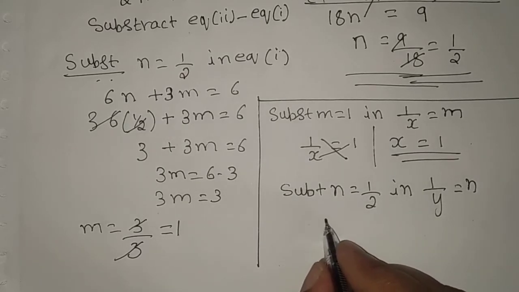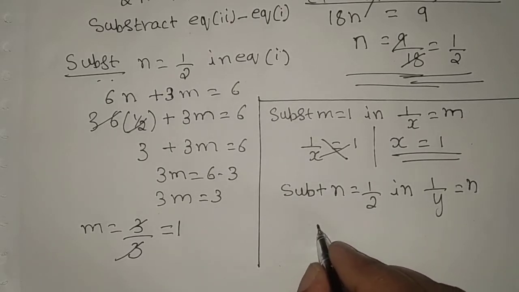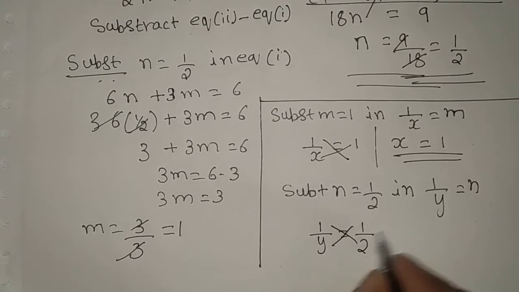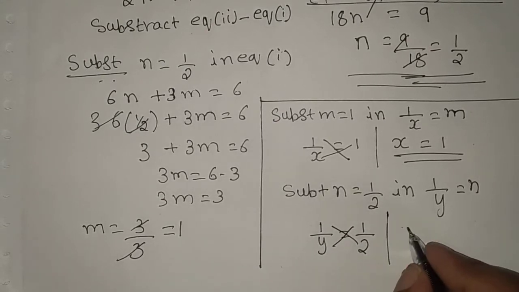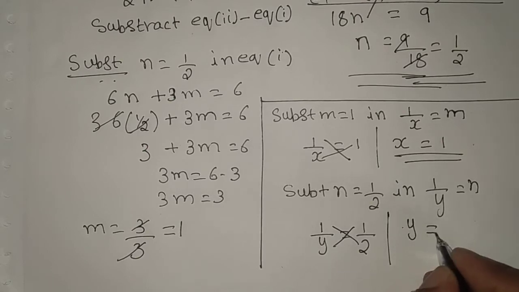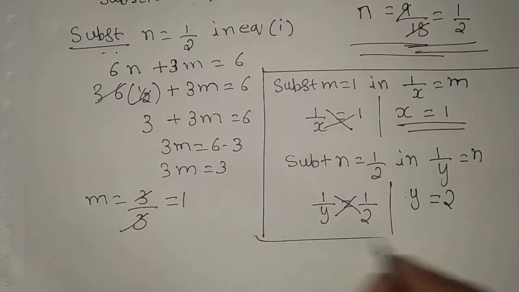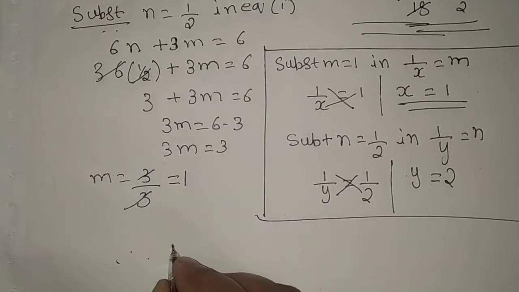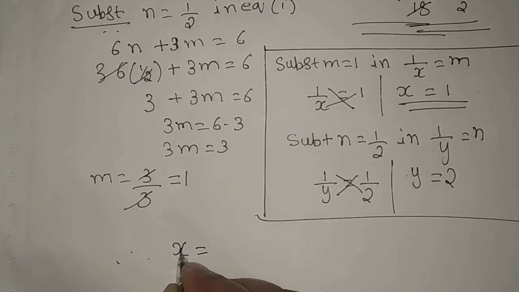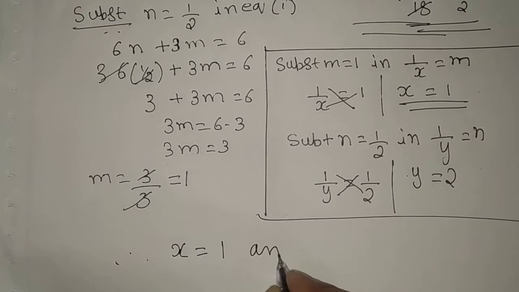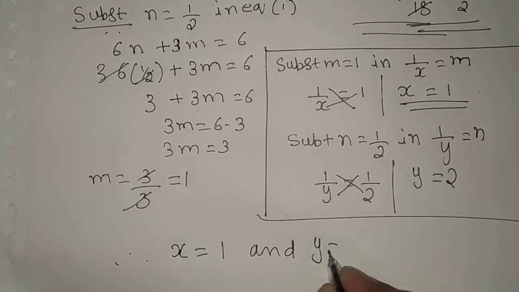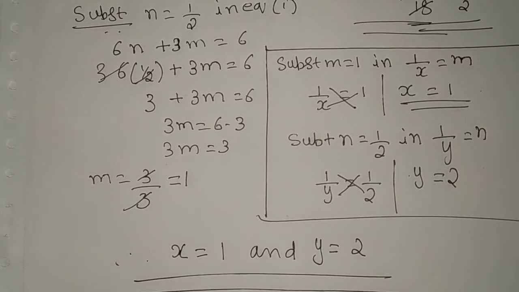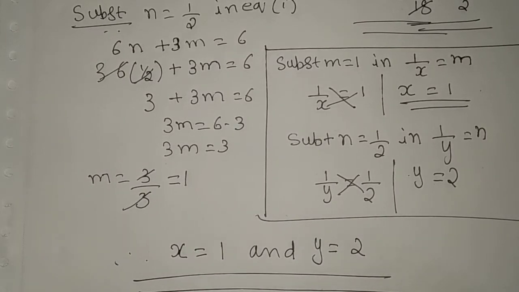So 1 by y is equal to 1 by 2. Now cross multiply. After cross multiplying, we get y is equal to 2. Therefore finally we get x is equal to 1 and y is equal to 2. So this is the solution for this. That is the fourth problem.